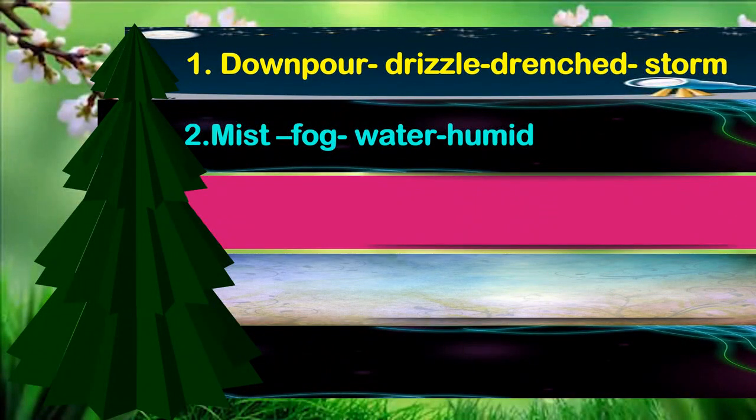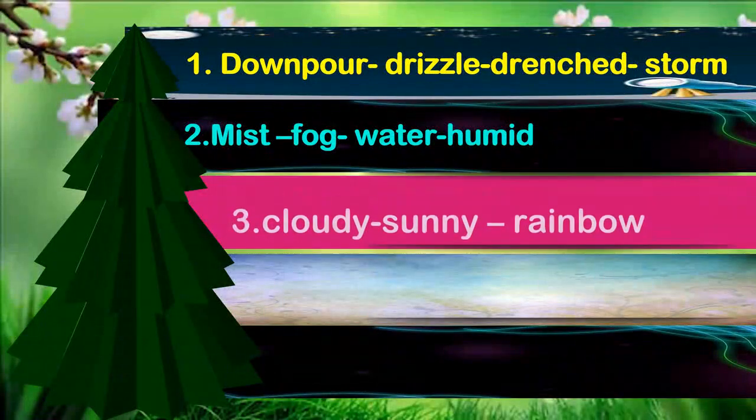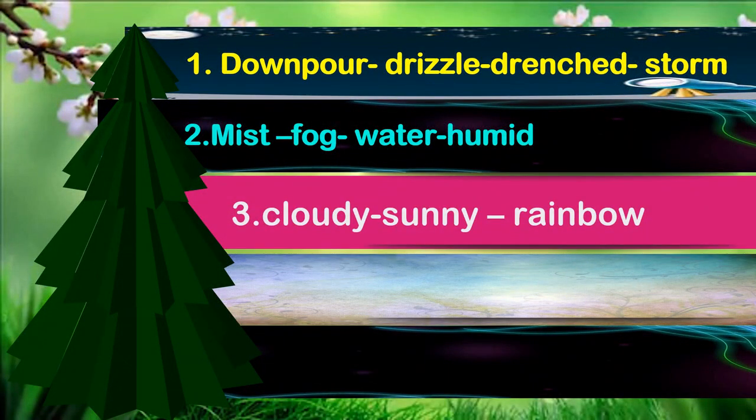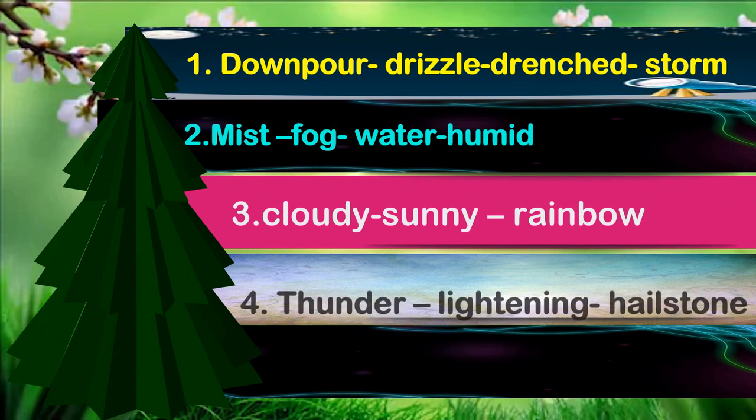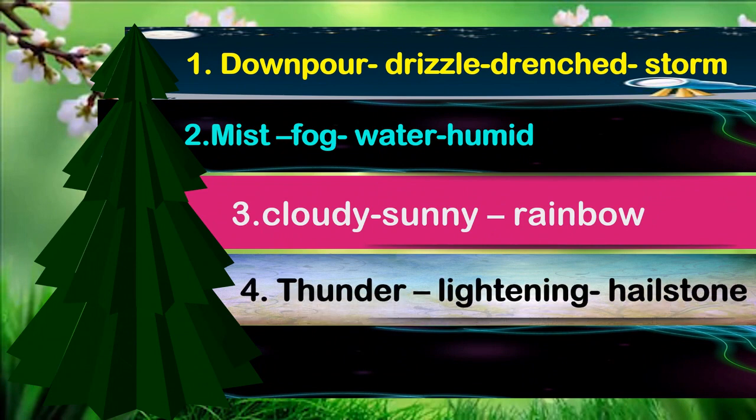And now let's see the other one, mist. You can add fog, water, and humid. And you can also talk about cloudy, sunny, and you can find a rainbow. And the other words, as we have seen, thunder, lightning. And when there are thunder and lightning, usually in monsoon season, there is a chance that hailstones will also fall.